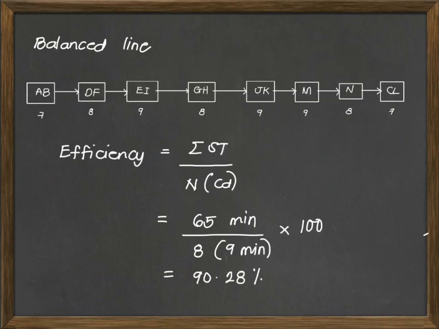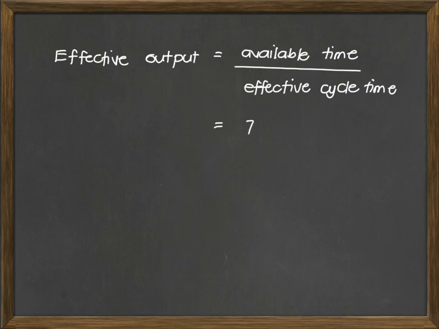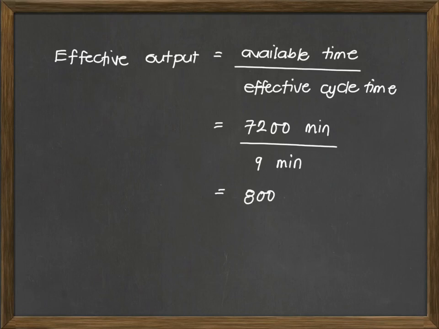So, again, reviewing, 9 minutes pa rin naman yung ating naging effective cycle time. So, that should give you a value of 7,200 minutes divided by the effective cycle time of 9 minutes. So, ibig sabihin, through this balance line, we can achieve the desired output of 800 units. So, that ends the discussion for the number of followers method in assembly line balancing.